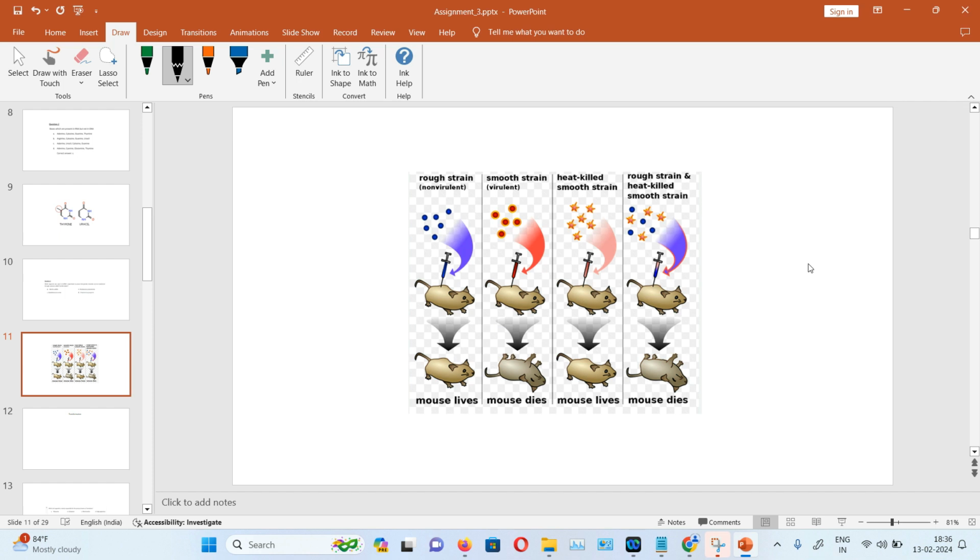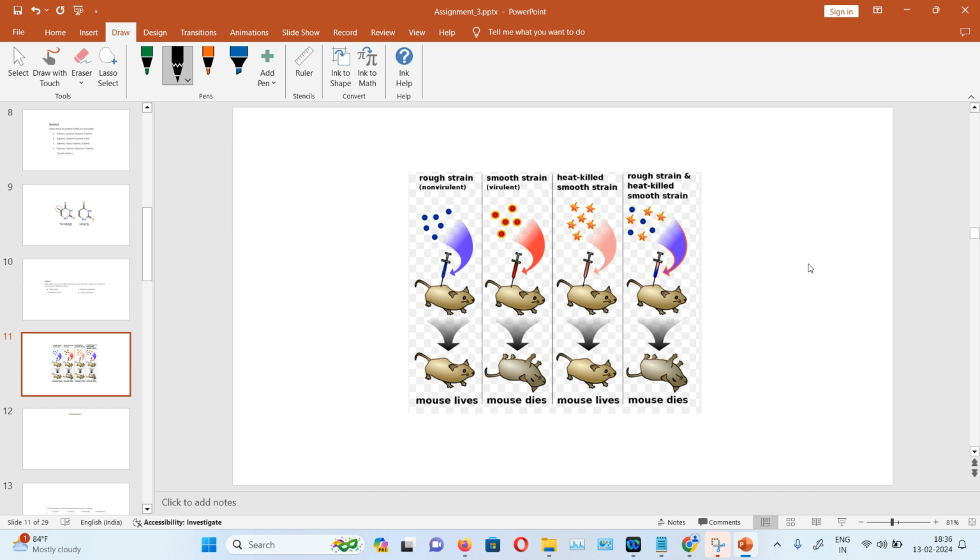Something from the heat-killed smooth strain was transferred inside the rough strain bacteria, something capable of converting the rough strain into the smooth strain by producing the particular capsule, or the extra protective layer, around the bacterial cell wall.